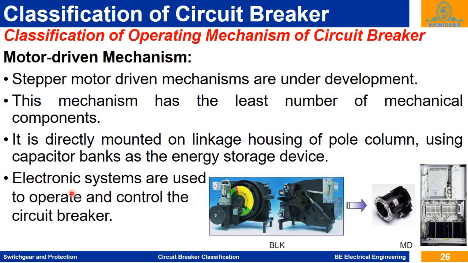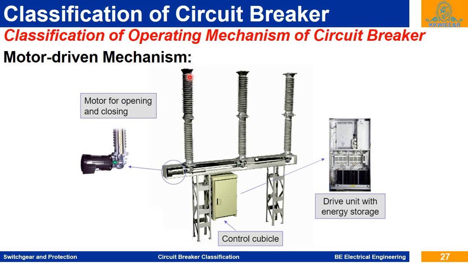In the operation of this motor, the electronic system is used to operate and control the circuit breaker. Generally a stepper motor is used in this motor driven system. Here you can see these are the 3 poles.